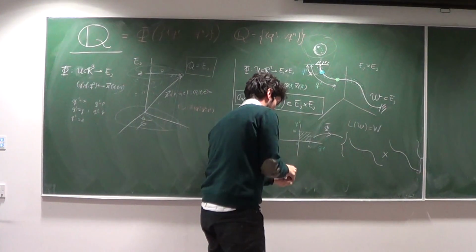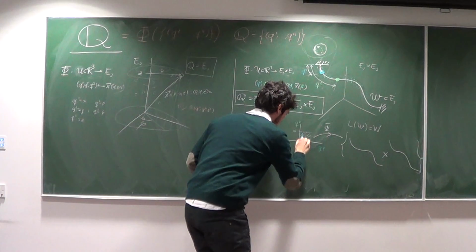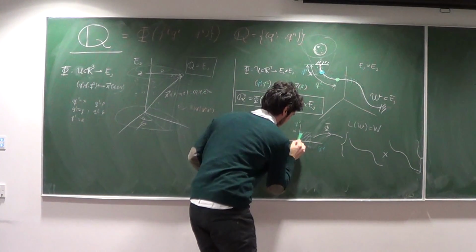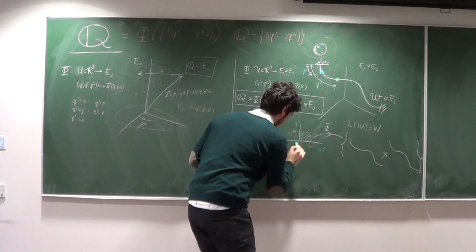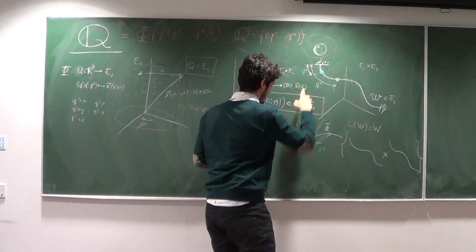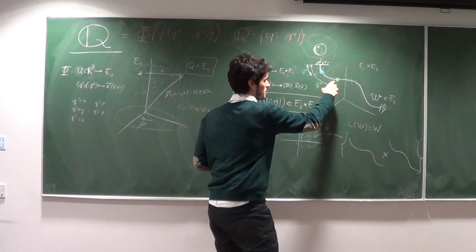This is a bit explicit, but that is Q1, that is Q2. So you read Q1, that's where the first particle is, you read Q2, that's where the second particle is.